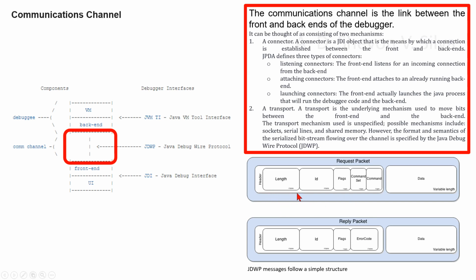The length field is the size in bytes of the entire packet, including the length field. The header size is 11 bytes, so a packet with no data would set this field to 11.